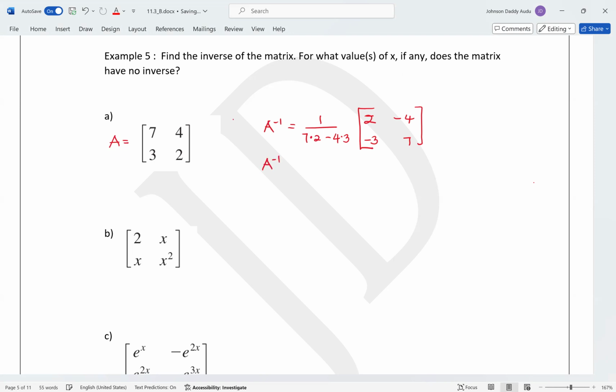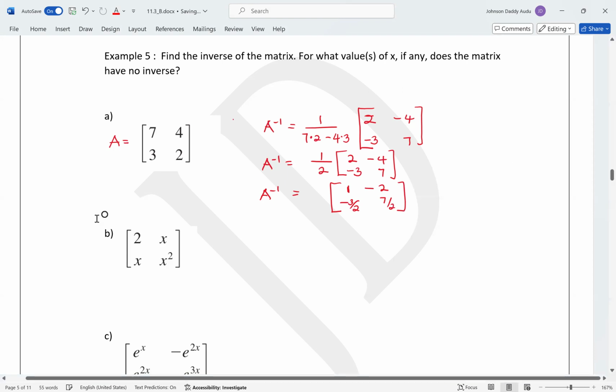And now this is 14 minus 12, so this is 1 over 2 times the matrix 2, minus 4, minus 3, 7. So A inverse, you can take the 2 inside: this is just 1, minus 2, minus 3 over 2, and 7 over 2.